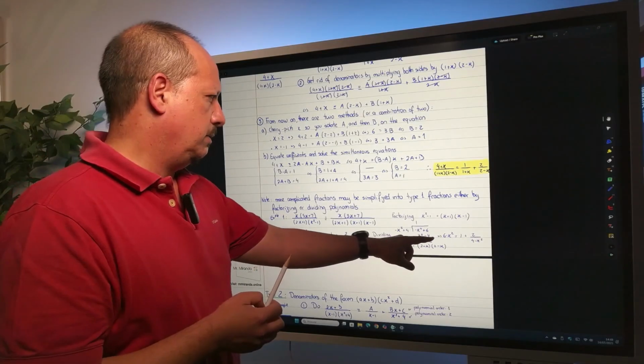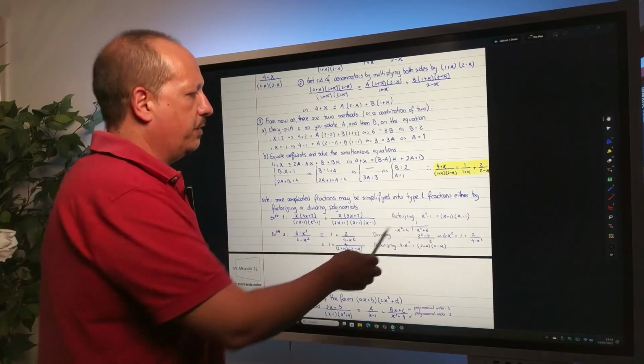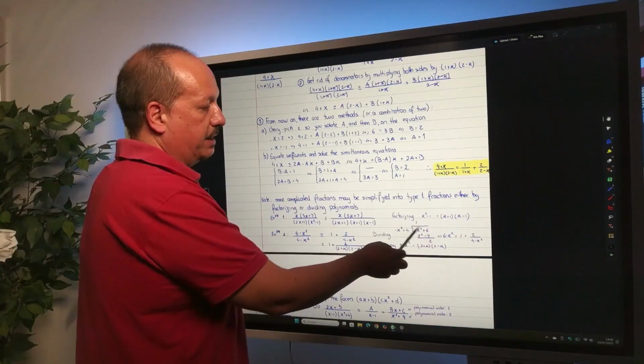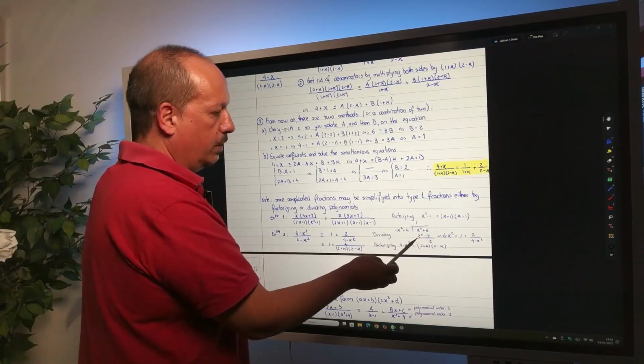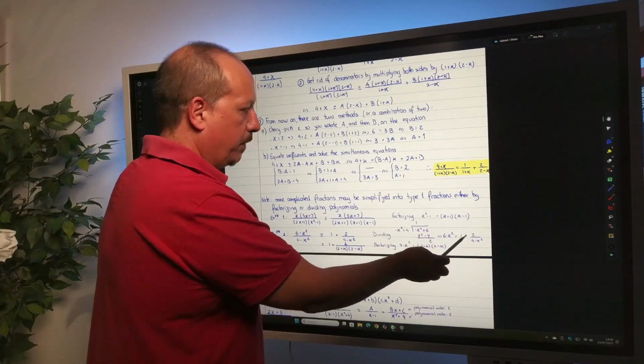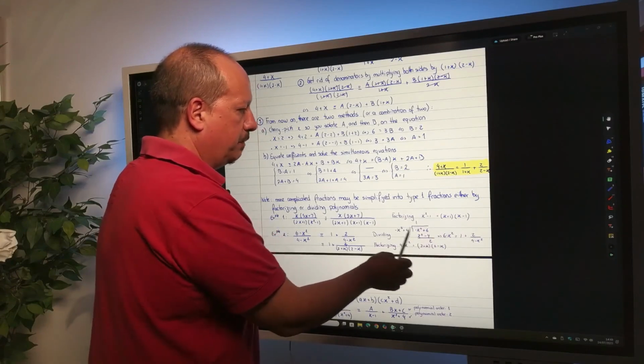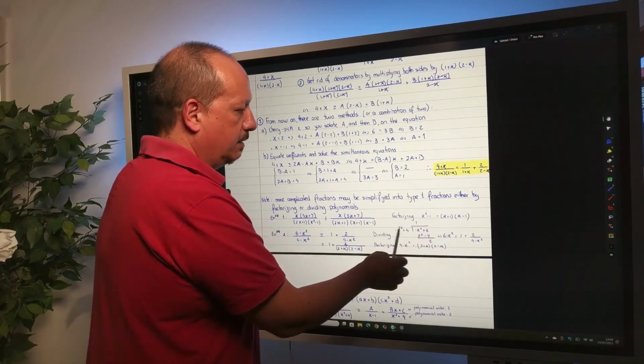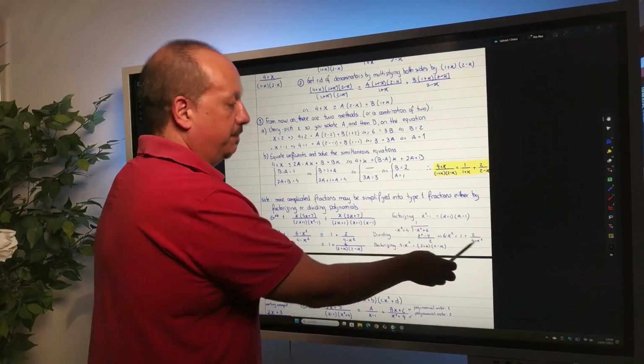You have that 6 minus x squared is going to be equal to 1 plus the remainder divided by the divisor. Yes, that's it.